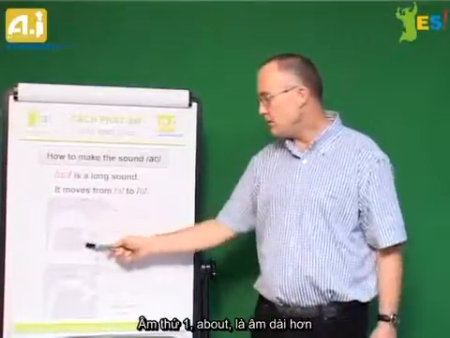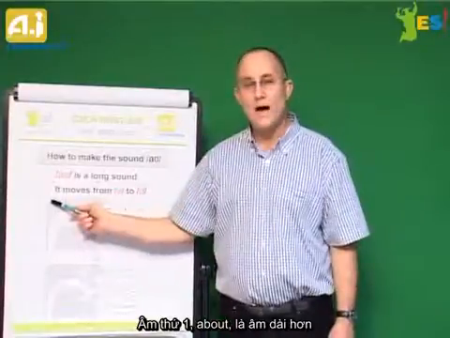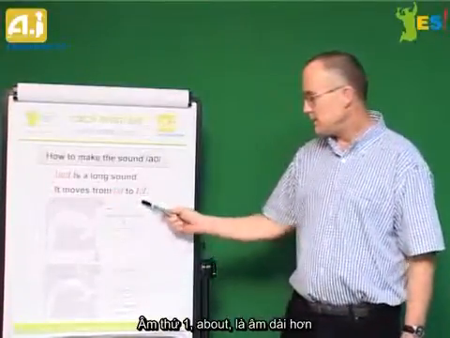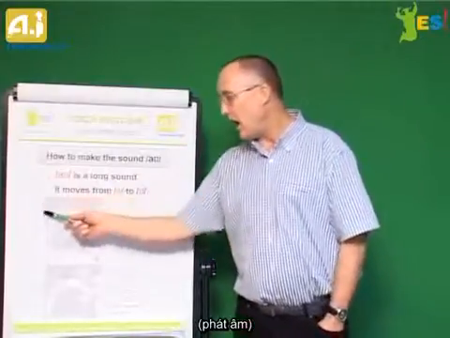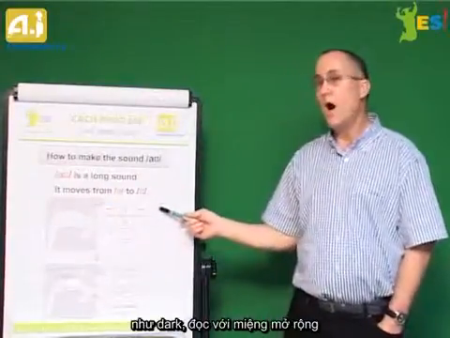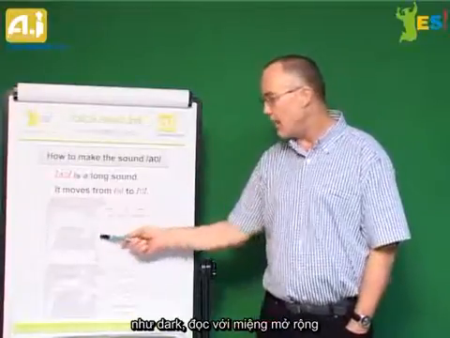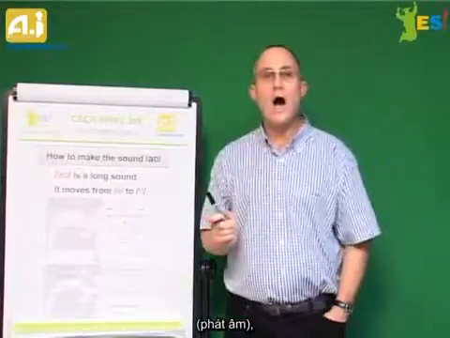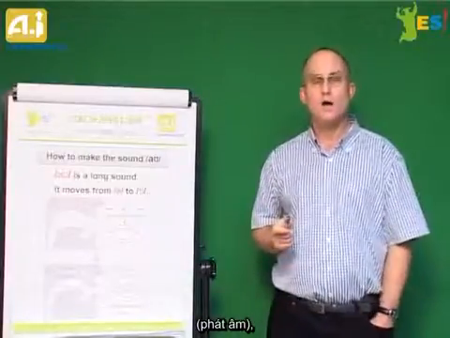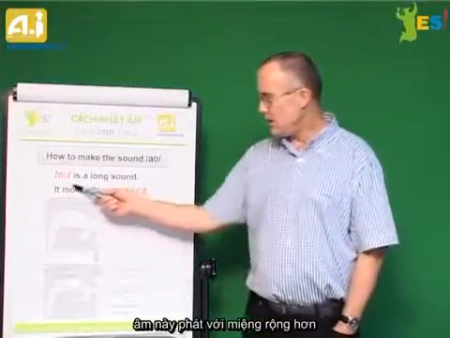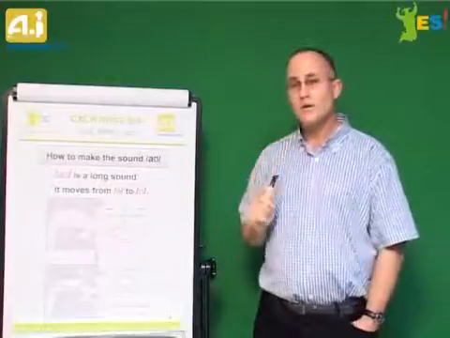The first sound, like about, is made, the longer one, like dark, is made with a wider mouth. So this one is a wider mouth.